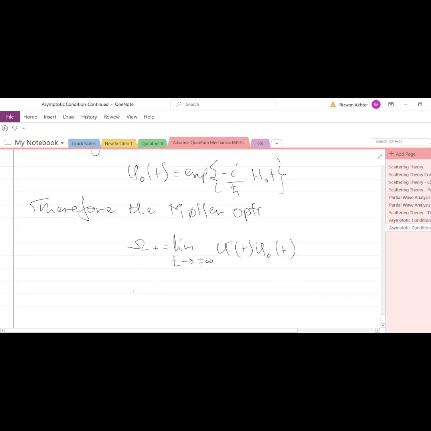So this is the limit t tends to minus plus infinity of exp of plus iota over h bar H t, and U naught of t is the exponential of minus iota over h bar times H naught t.